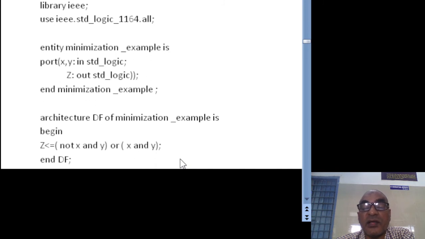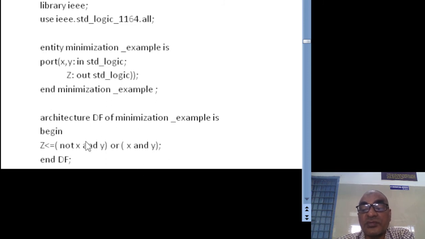The complementation of X you can get through the NOT operator, and the product of X bar and Y using an AND gate. The product between X and Y can be obtained by another logical AND operation, that is the second term.